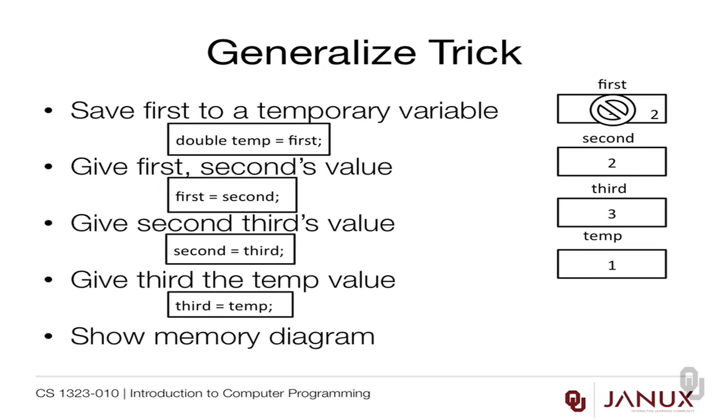Then second equals third. Well, that takes the value 3 from third and copies it into second. This is okay because second's value has already been moved into first. Now we take temp's value and move it into third. So in the end, we have one copy of 1, one copy of 2, one copy of 3. And in fact, if you follow along, at every point in time, there's one copy of each of these values, or more, hanging around. That's what's necessary to make swapping or rotation work correctly.